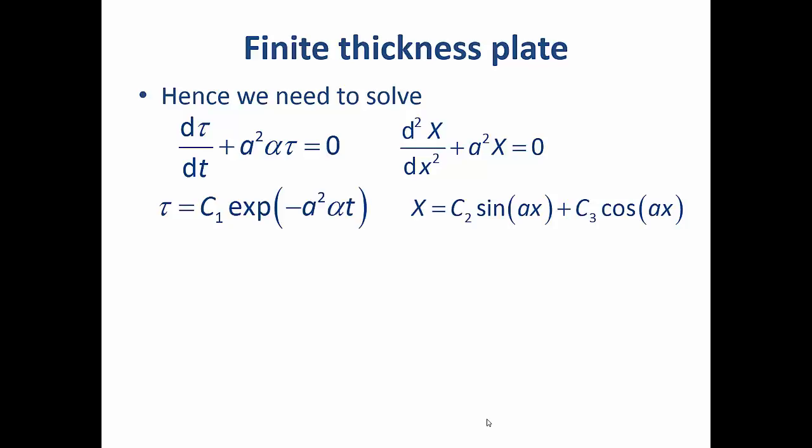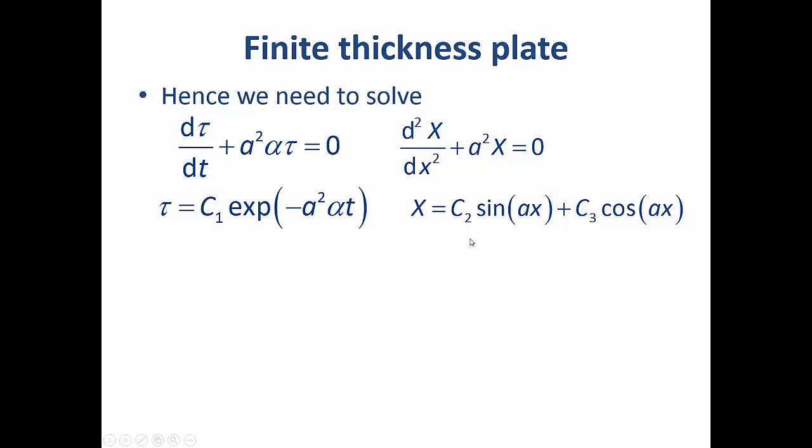The left-hand equation is actually very simply solved by bringing all the terms in tau onto one side, the terms in t on the other, which initially gives you a log function, or rearranging, an exponential function: tau equals some constant times the exponent of minus a squared alpha t. The right-hand equation, as I said, is an equation of simple harmonic motion.